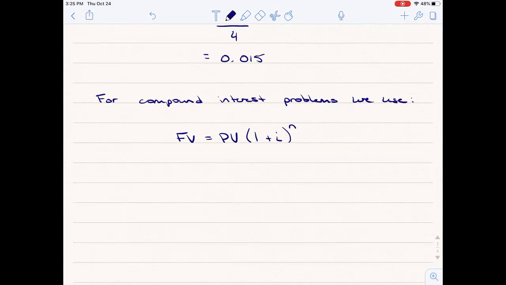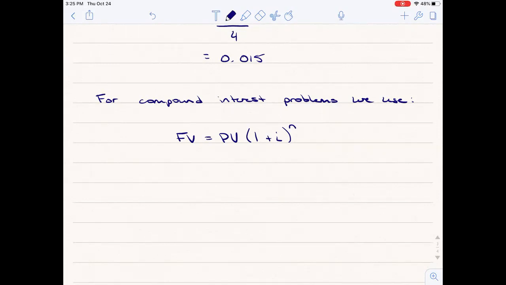Now, we've got a lot to get through today, but usually I show the derivation, but it's in the textbook, right? But it has to do with, okay, so we invest some amount, and then after each compounding, we stop and multiply the present value by 1 plus I. And we do that for n compoundings, right? Multiply by 1 plus I, multiply by 1 plus I, and then they all get put together to make this formula.